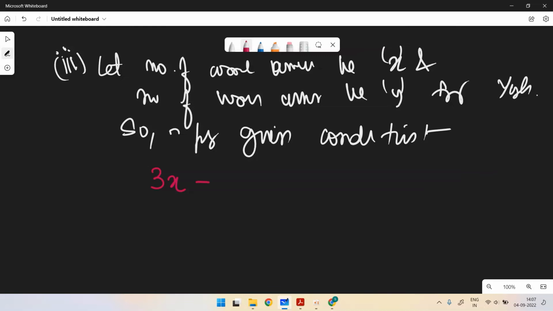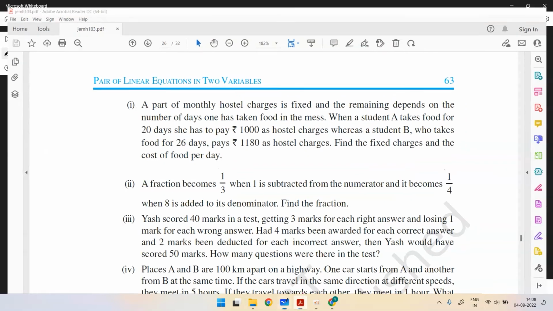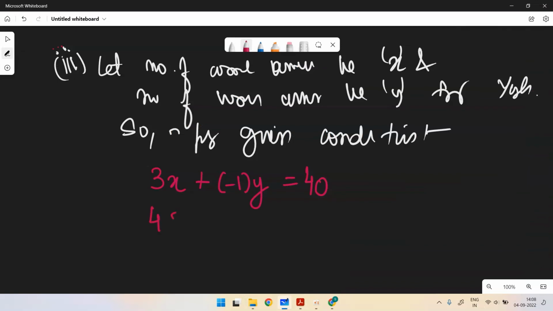So 3x minus y equals 40. Had 4 marks been awarded for each correct answer and 2 marks deducted for each wrong answer, the marks would have been 50, so 4x minus 2y equals 50.